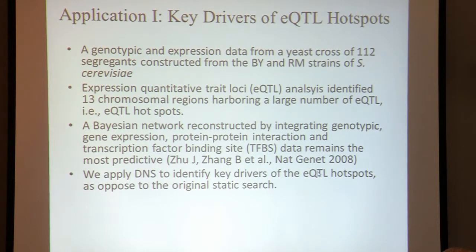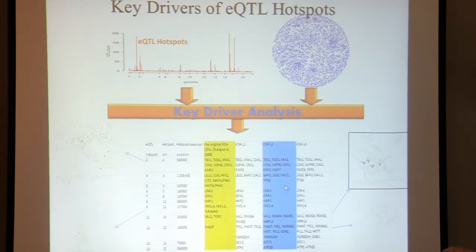The input for this key driver analysis is the list of genes underlying each of the 13 eQTL hotspots. The y-axis shows the number of gene expressions associated with a particular locus, so you can see those hotspots along the whole genome.